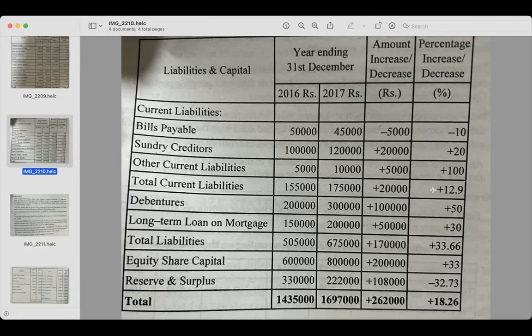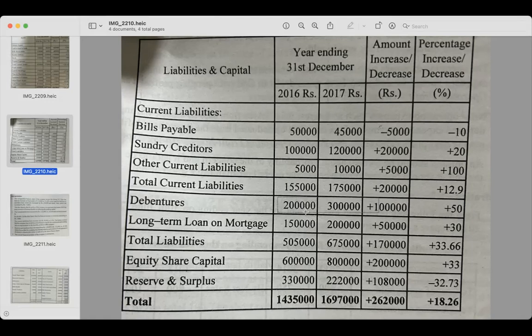It is an increase indicated with plus. Then debentures. This is the total of current liabilities. Debentures, 2 lakhs in the first year and 3 lakhs in the second year. There's an increase of 1 lakh. 1 lakh by the previous amount into 100 gives you 50, which is positive, 50% increase.